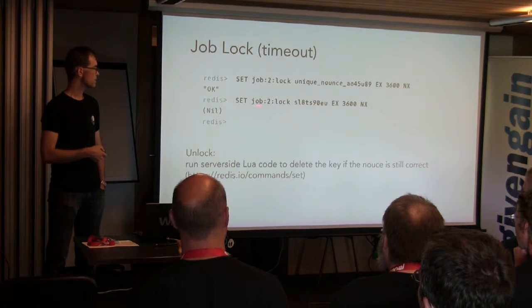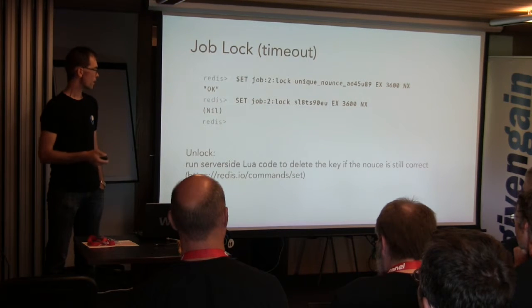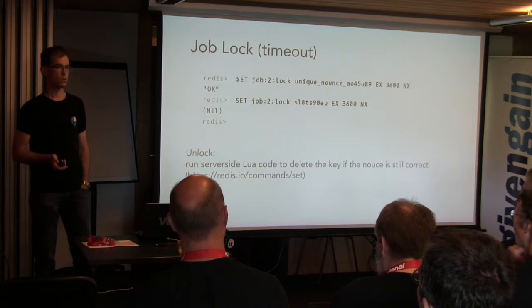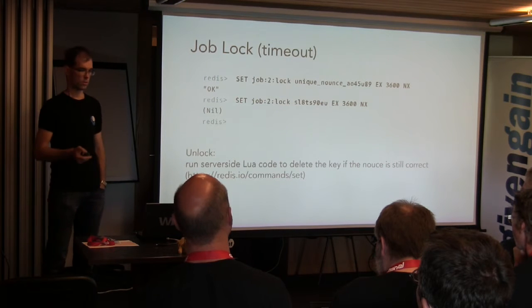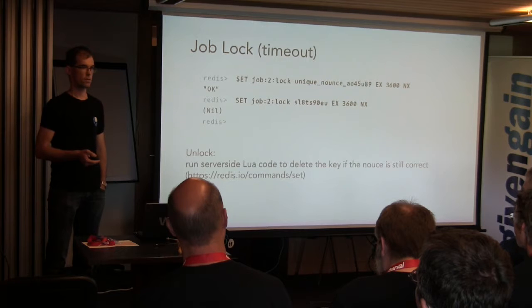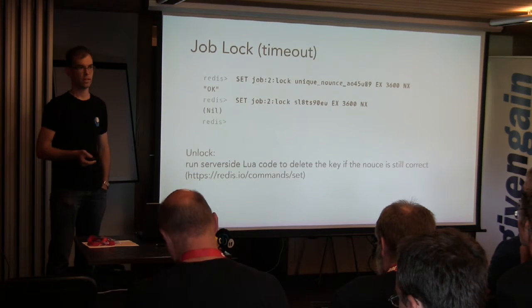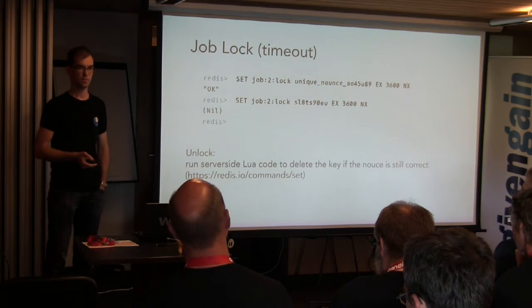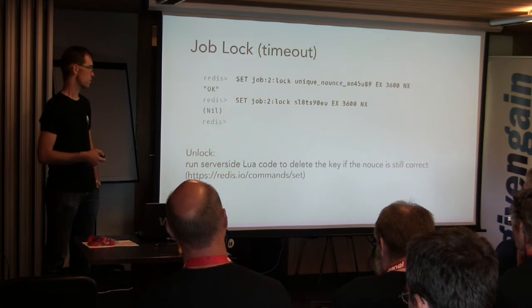Again, the second one cannot lock it, and after 1 hour the lock would automatically be deleted, so some worker could come and just do the job if it didn't run, or just remove it with an error from the job queue if something is strange with the job.